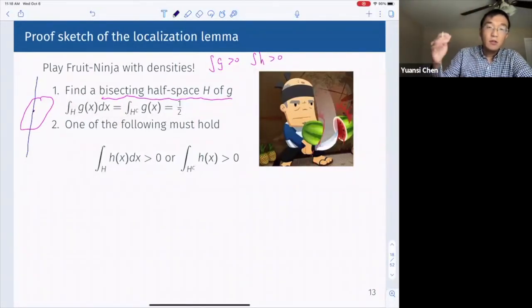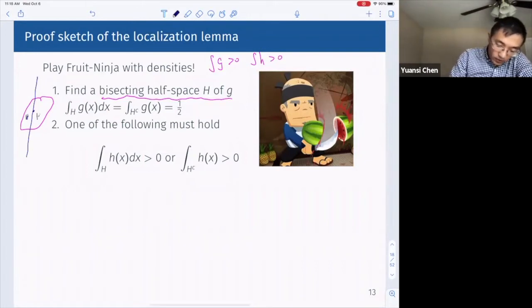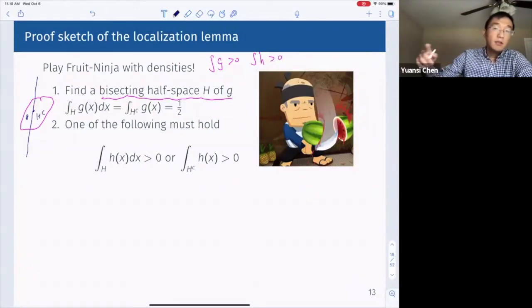Then you can compute the volume on H and H complement and take the difference. The difference will go from some positive number to some negative number. Because this rotating process is continuous, it will go through 0 at some point. So by rotating this hyperplane, at some point, you will find a bisecting half space for G.